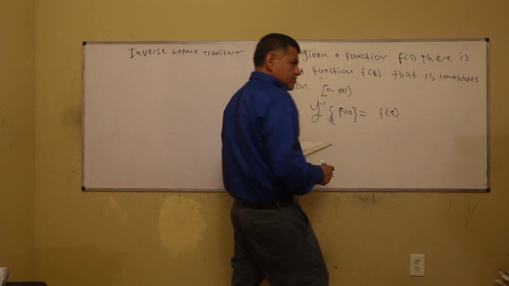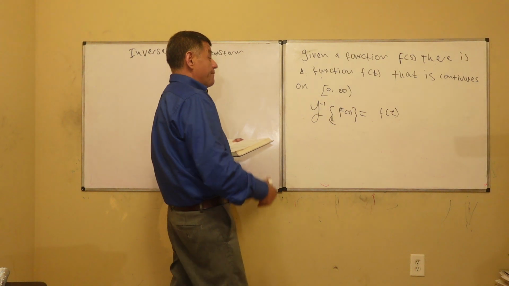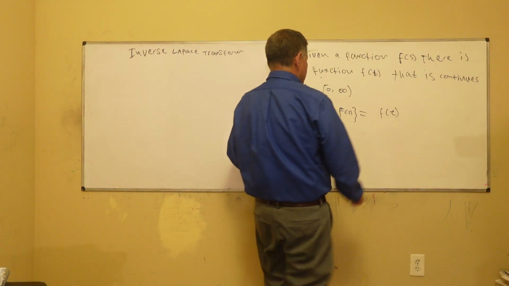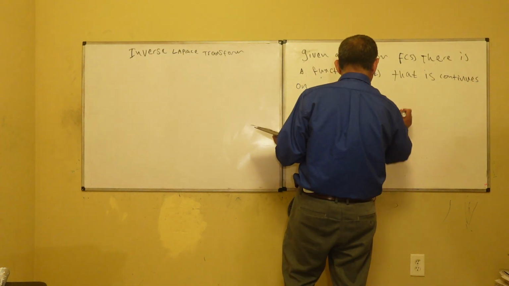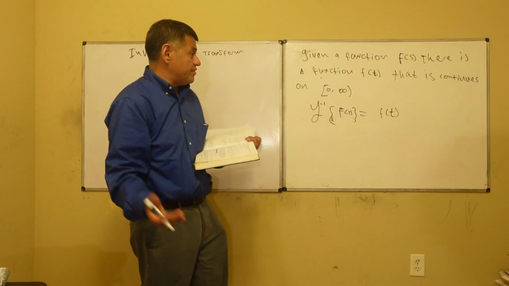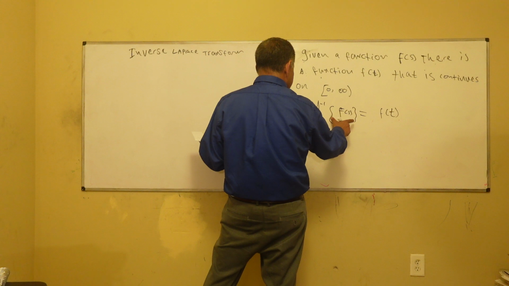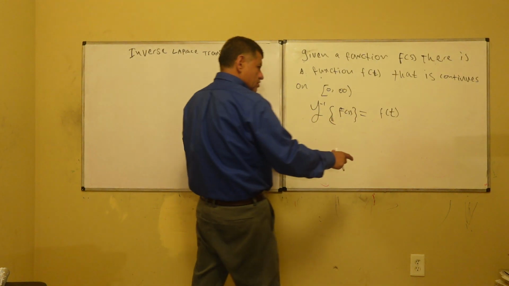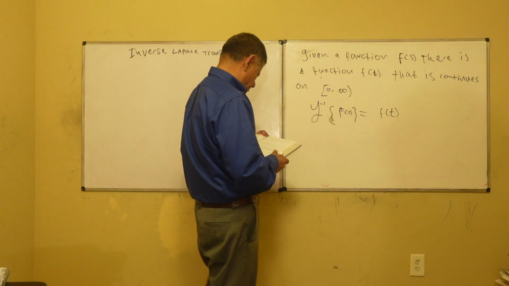In other words, you're going back to find the original function. The Laplace transform is given, now you're looking for the time domain function. So you're going from the Laplace domain to the time domain.